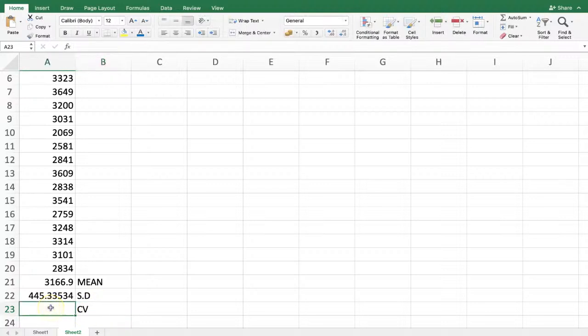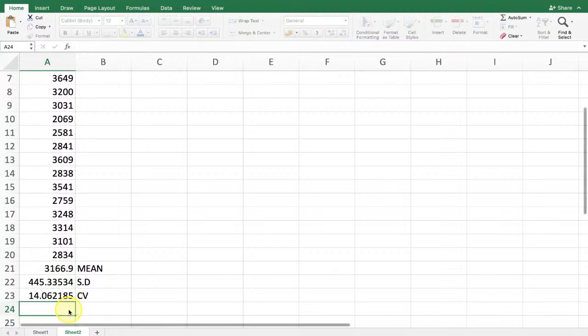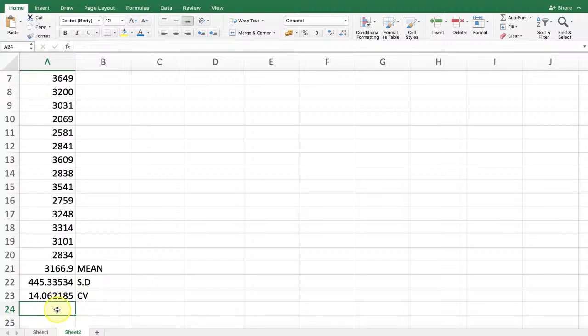So let's compute for the coefficient of variation. So again, coefficient of variation is simply S over X bar times 100%. So S over X bar, the mean, times 100%. Okay, so the coefficient of variation, when rounded off, is 14.1 or 14.06%.